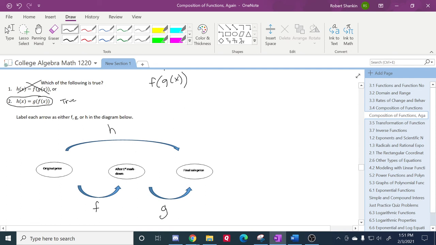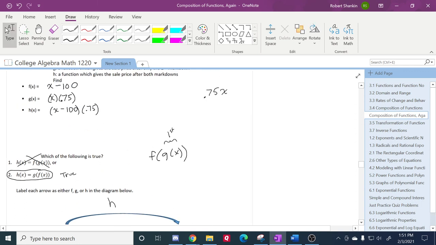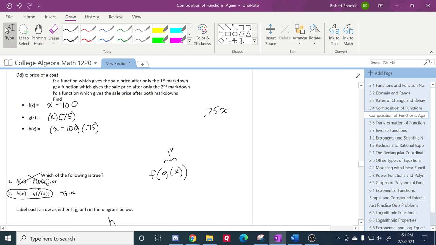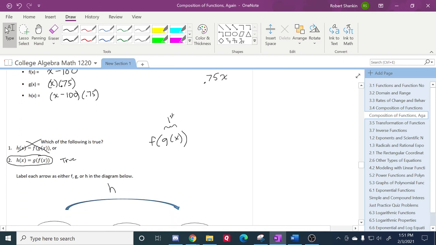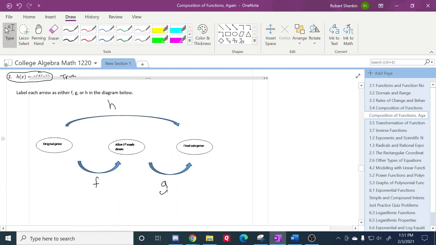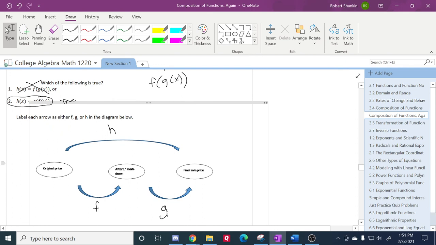Because after the first markdown, you do the 75%, which would give you the final price. Yes, G is the second markdown, and its input is the price after the first markdown, and its output is the final sale price.